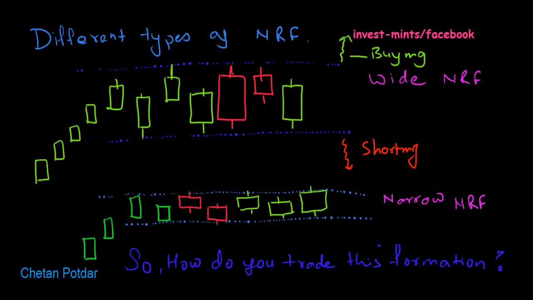There's a technique which is called touch if buy, touch if sell. So it's a trading concept. Again, if you are in a narrow range formation, you go long here and you go short, and voila, this is how you make money in narrow range formation.